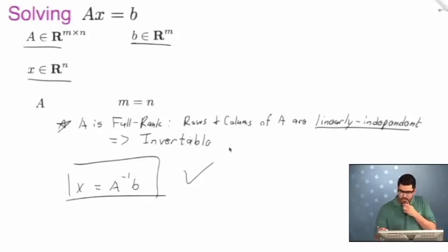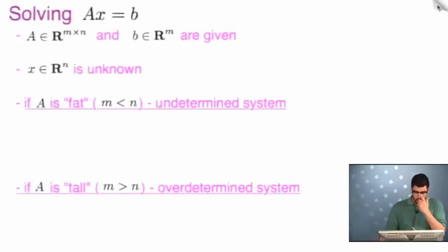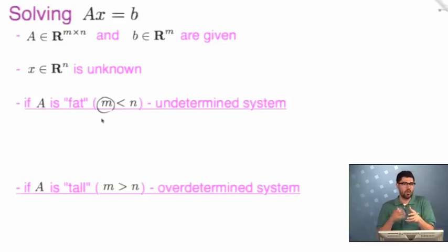Okay, so now let's look at the two other cases, where the matrix is not square. Let's look at the first case. Let's say m, meaning the number of equations, is less than the number of unknowns. If you think about it, the unknowns x are like tuning parameters.